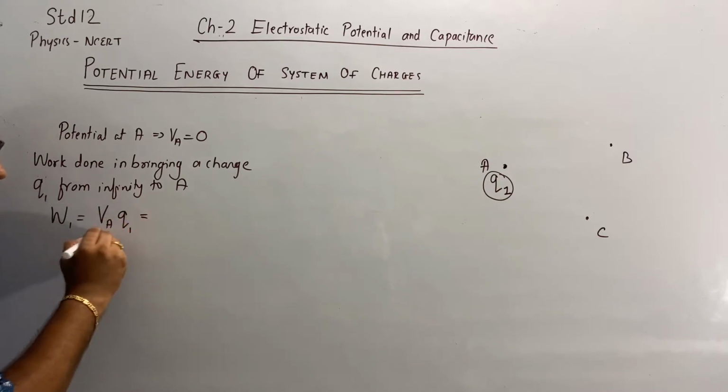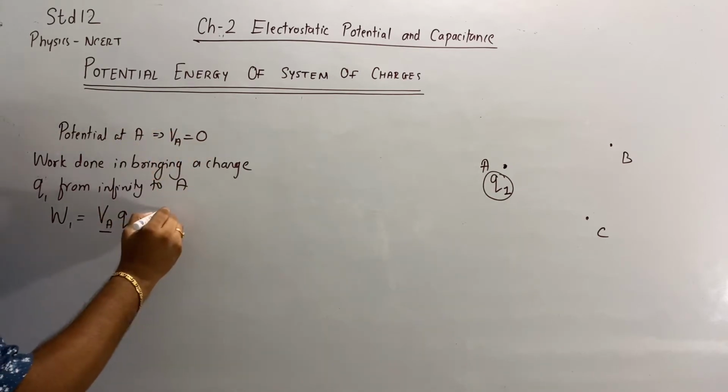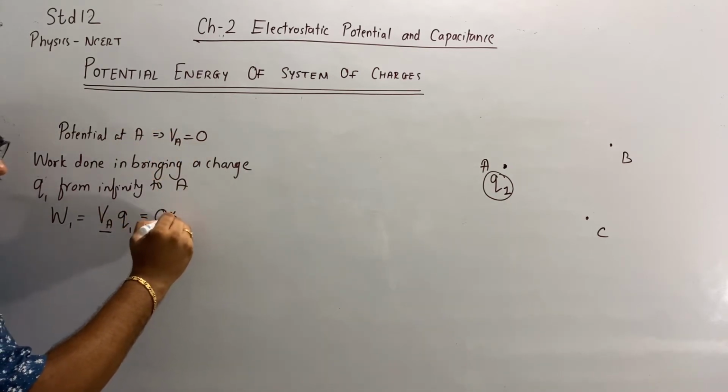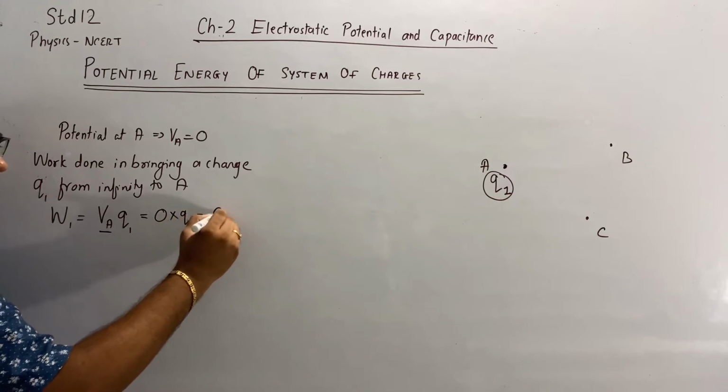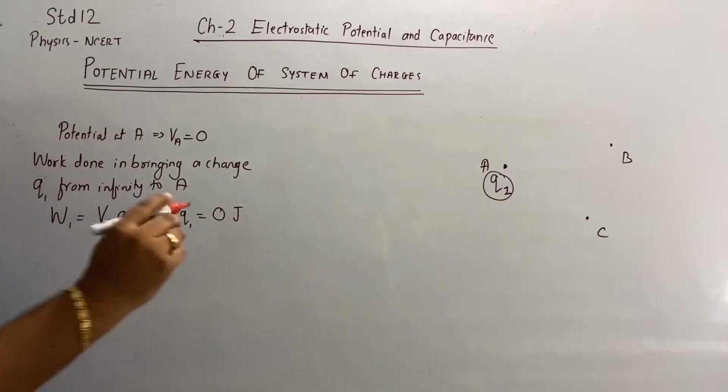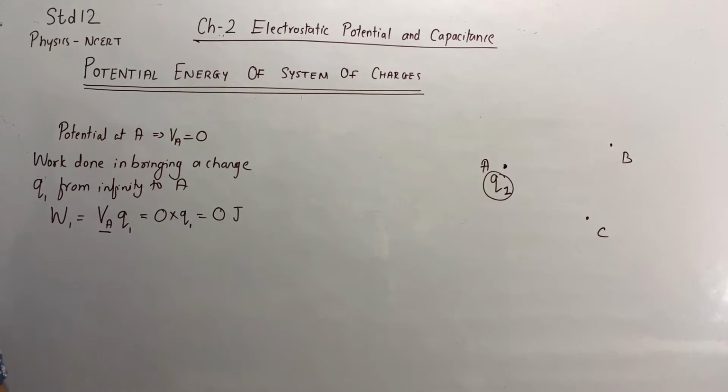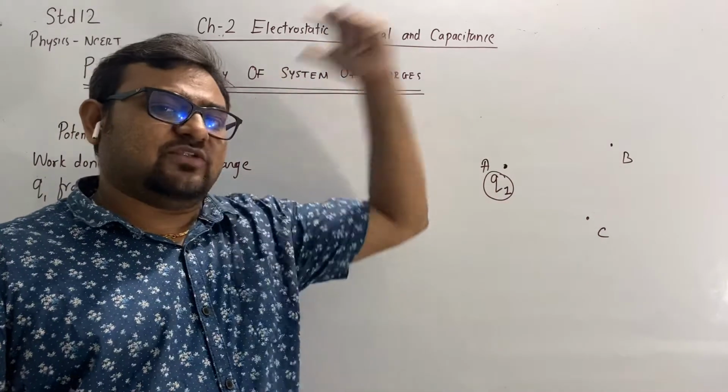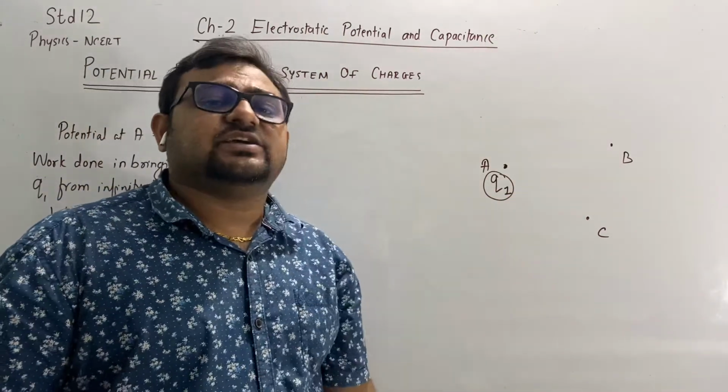But what is potential at A? 0. So this will be 0 into Q1, which is 0 joule. So work done in bringing a charge from infinity to point A is 0 joule.